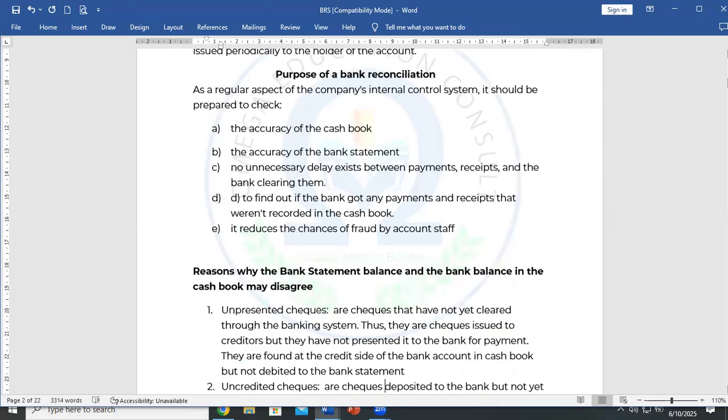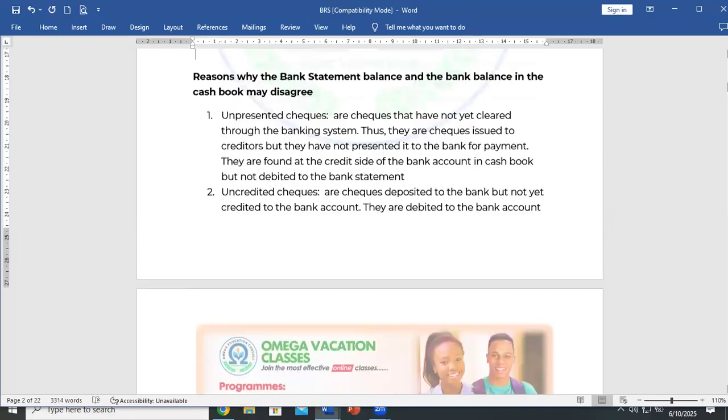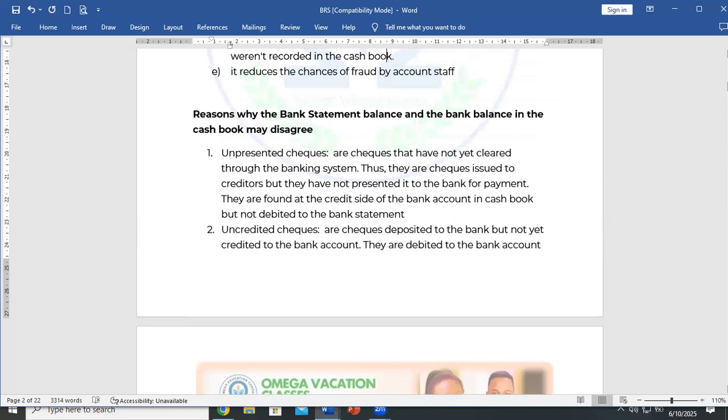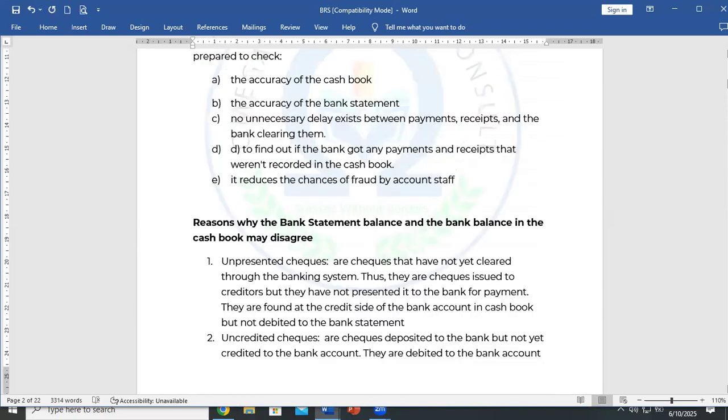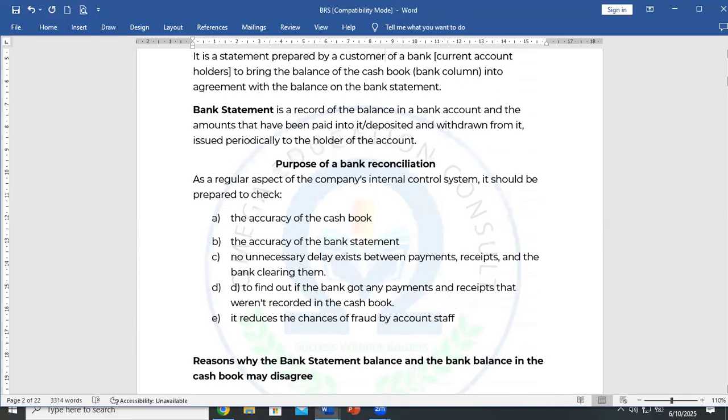Now we come to a very important point, that is the reasons why the bank statement balance and the balance in the cash book may disagree. Before we look at that, I want us to do this. Professors, it can happen that today you check your Momo balance, it was 150 Ghana cedis.